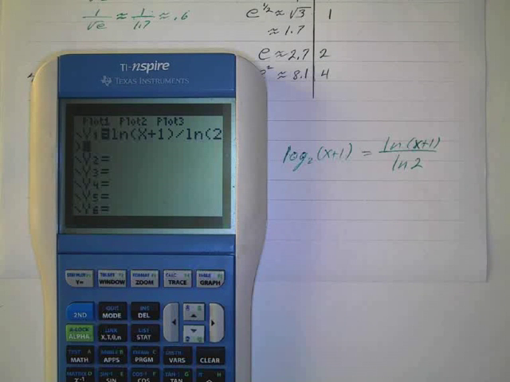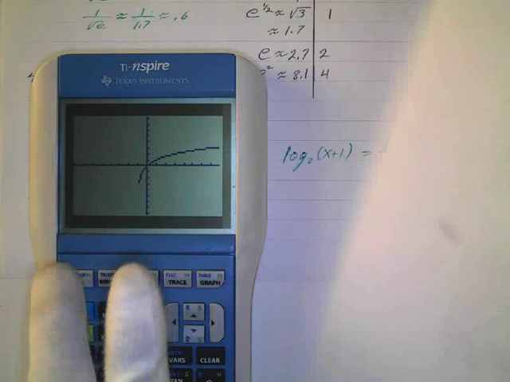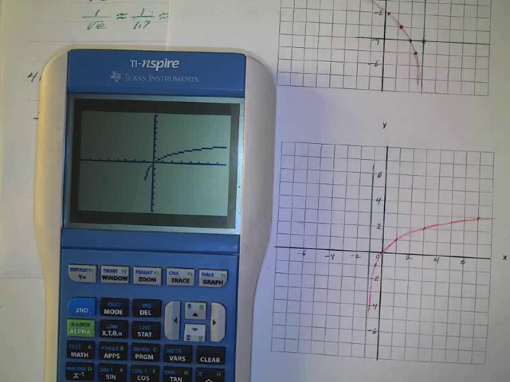And that's how we could graph it, and hopefully have the same window. So there's my same window, and that's what it looks like. Looks about the same, doesn't it?